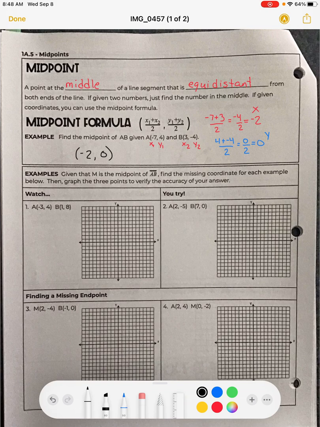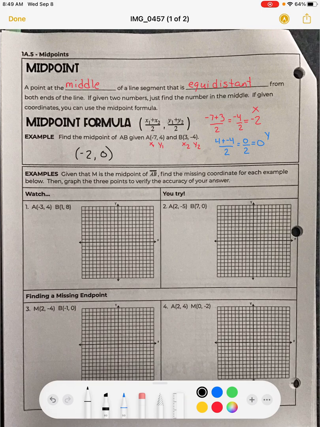Alright, let's look at some examples here. Find the missing coordinate for each, then graph the 3 points.